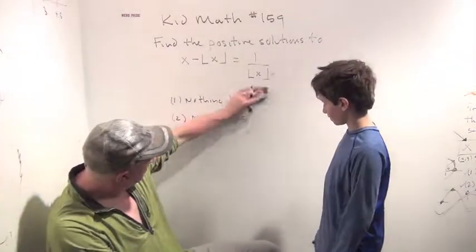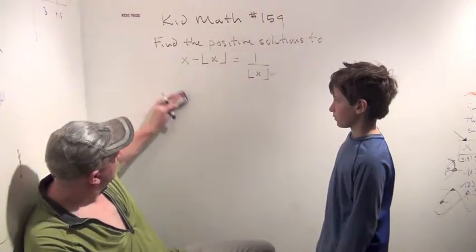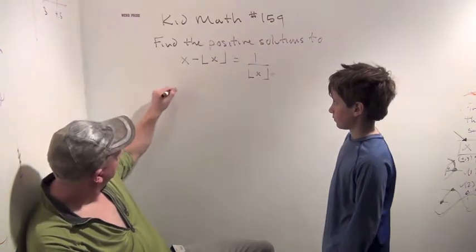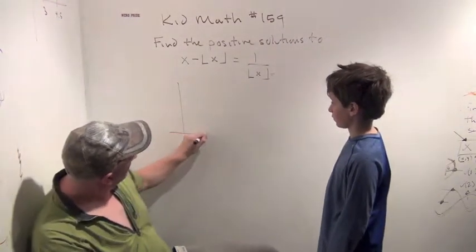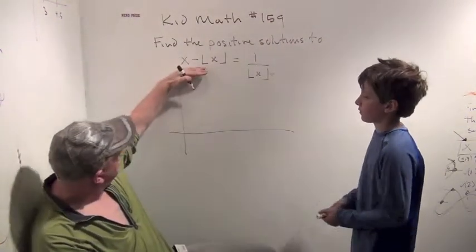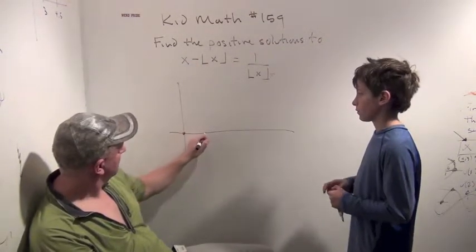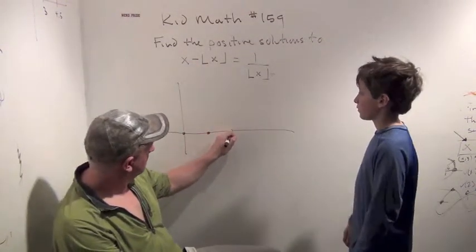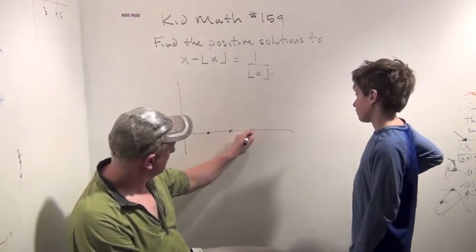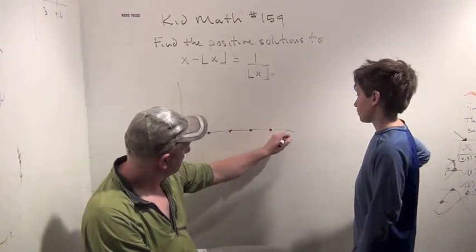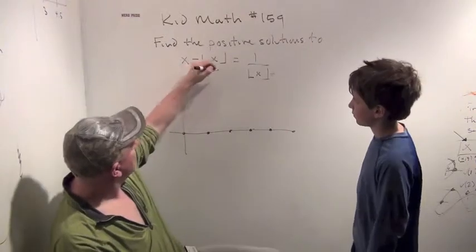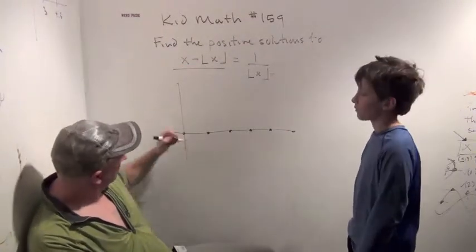The next step was to sketch a quick graph of this, which was pretty interesting. This was always 0 at integers. So this is just x minus floor of x.